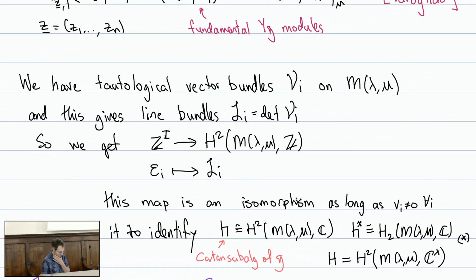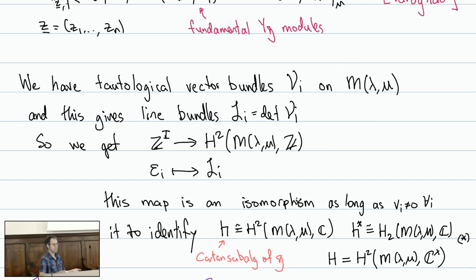Okay, so maybe we'll just get to the main theorem here. To talk about quantum cohomology, remember in the statement there's a lot of stuff about H2. So we better understand H2 of our quiver variety well. Where does the H2 come from? Well, H2 usually comes from line bundles. Where do line bundles come from? Well, we have these tautological vector bundles on the quiver variety.